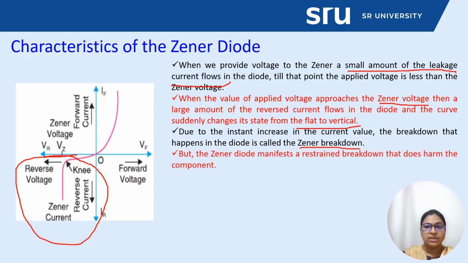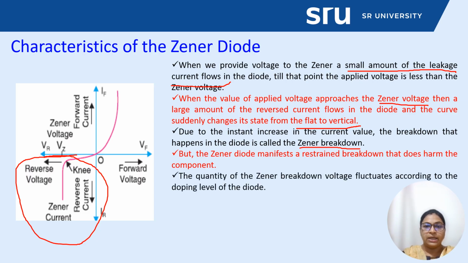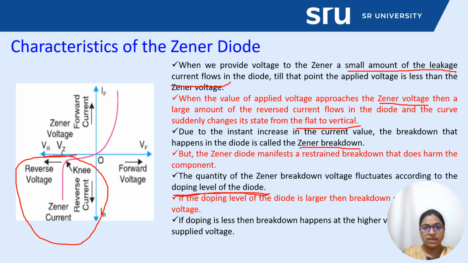It manifests a breakdown that does not harm the component. But a normal diode, if we increase the voltage, gets damaged. The Zener breakdown voltage fluctuates according to the doping level of the diode, so the doping level plays a crucial role in Zener diode operation. If the doping level is larger, the breakdown voltage is lower, and if it is less, the breakdown voltage will be higher.